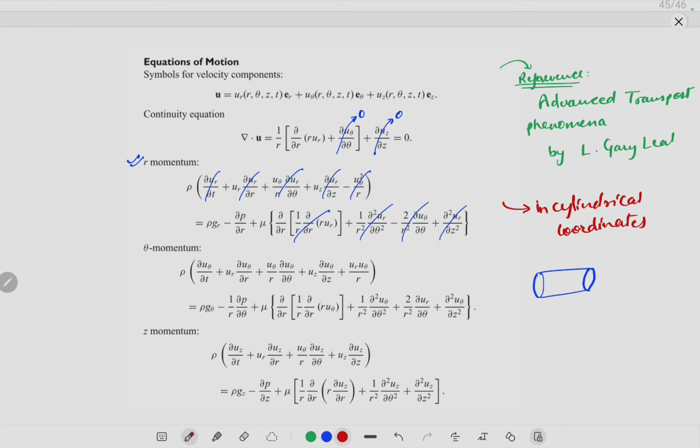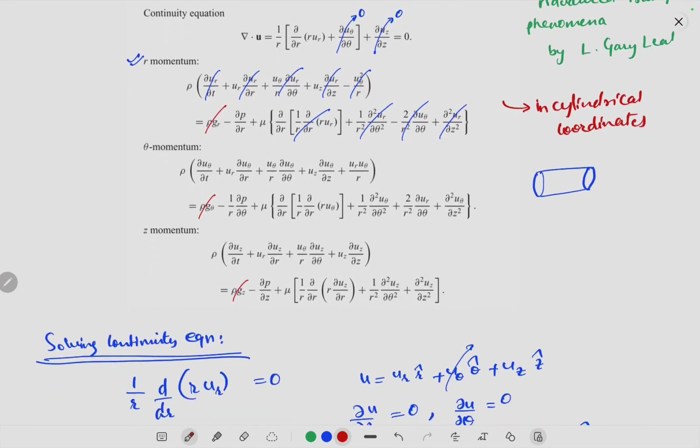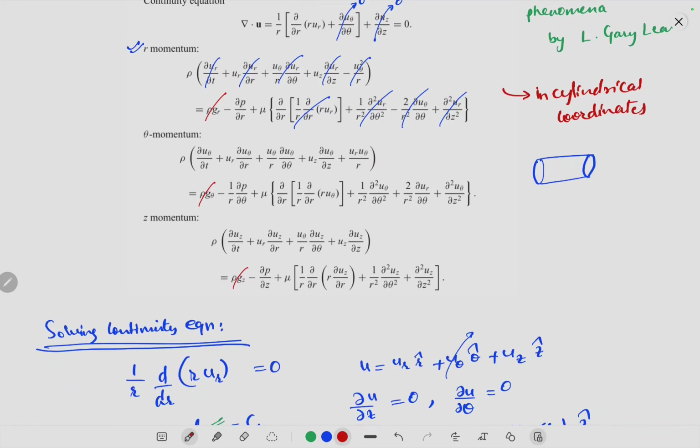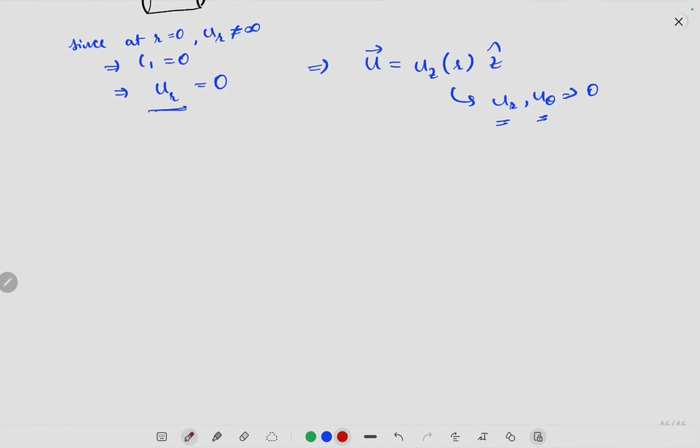To understand the problem better, let's also neglect the gravity in our problem. So then for the r momentum equation, we'll be left with del p by del r equal to 0. So after solving the r momentum equation, we get del p by del r equal to 0.